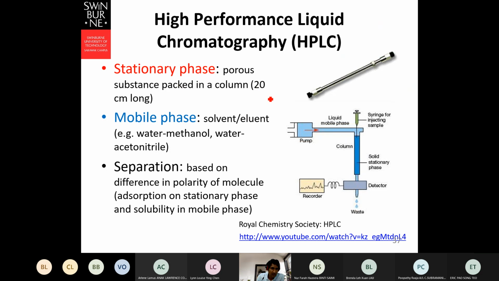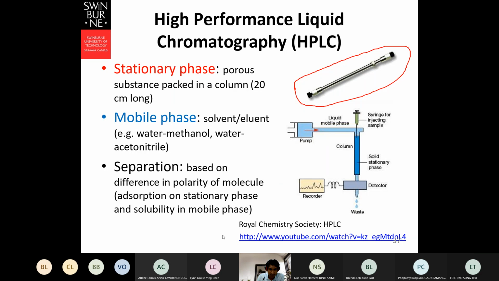It has a column as well. This is the column for it, and the eluent or solvent is water. Usually a mixture is used for the mobile phase here, and the separation is based on the polarity of the different molecules.